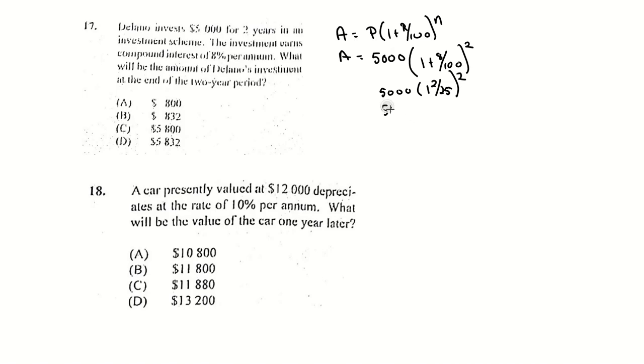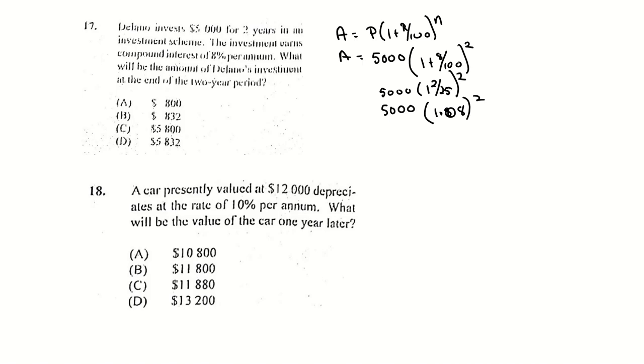What you could say is 5,000 by 1.08 to the power of 2. Still don't like that.